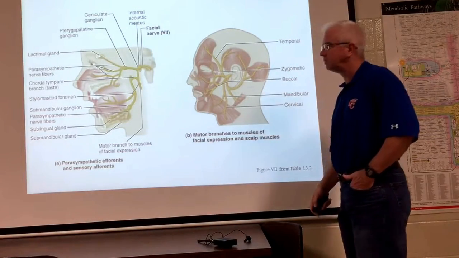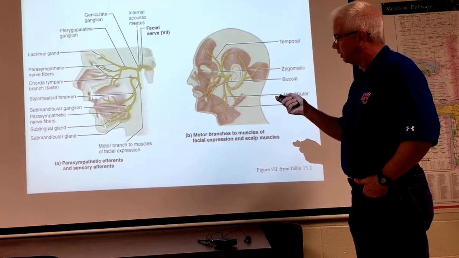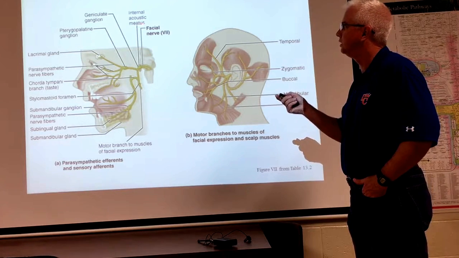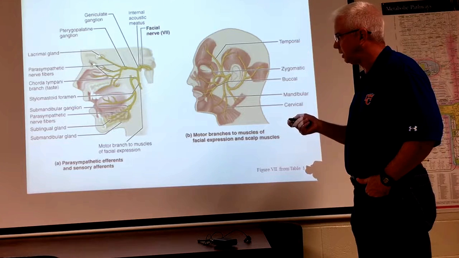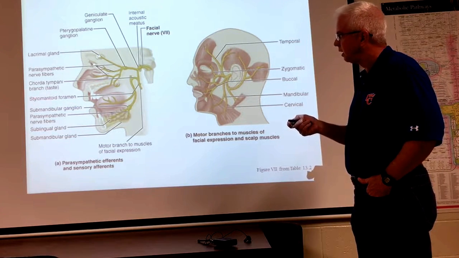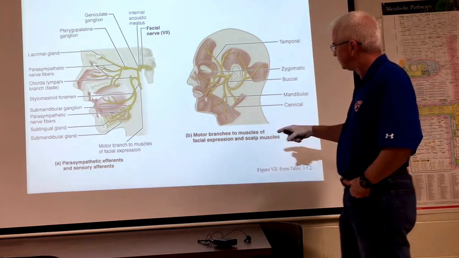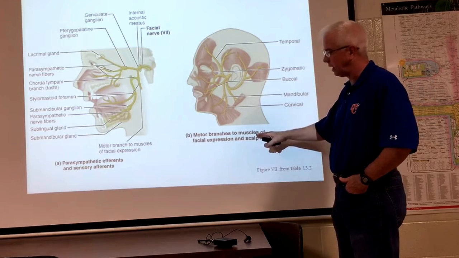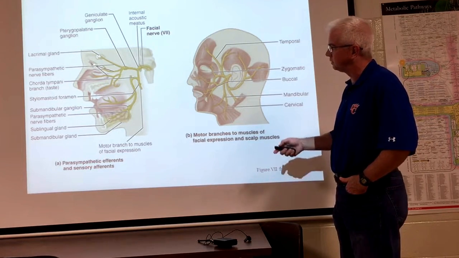Now let's track it. Here it comes. The nerve is passing through the internal acoustic meatus, right? And it's going to exit by way of the stylomastoid foramen, and it's going to give off 5 major branches. And these motor branches, for today, this shows you some of the parasympathetic stuff to the glands.